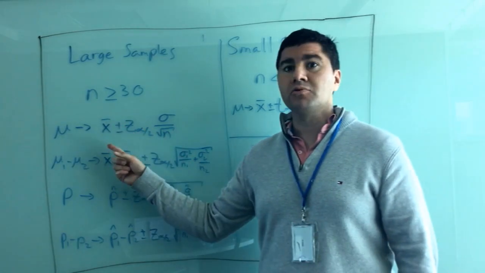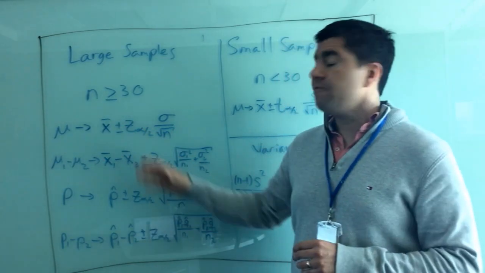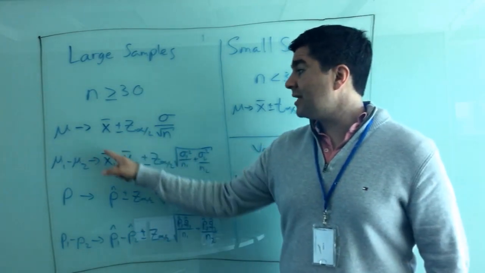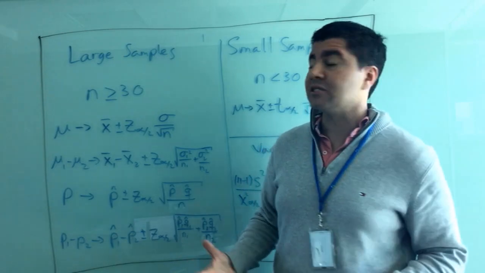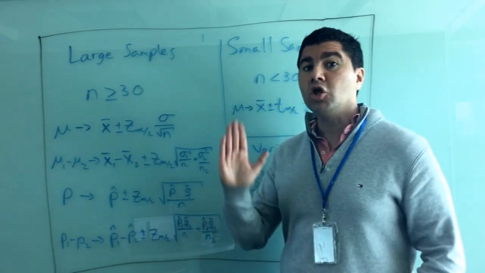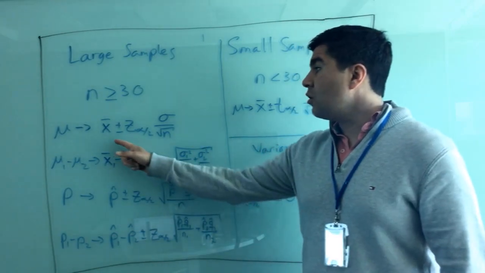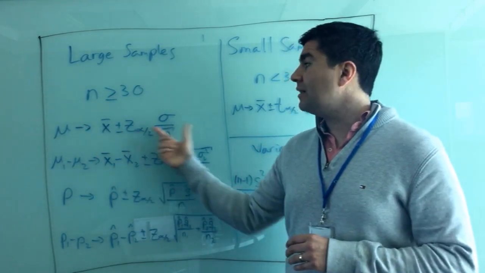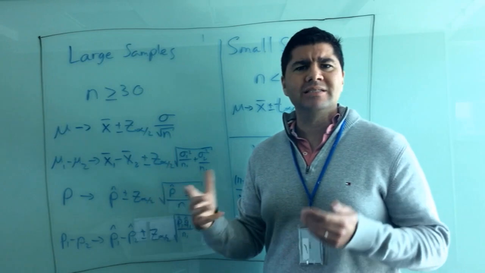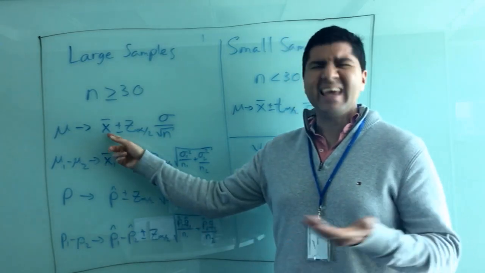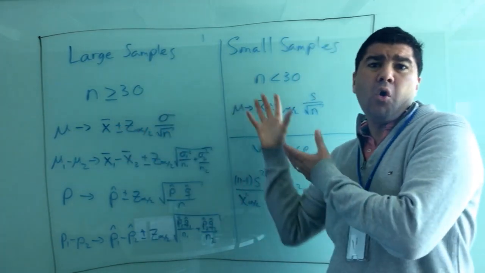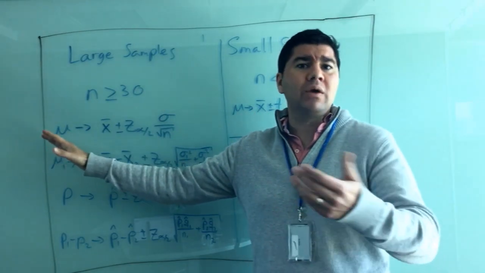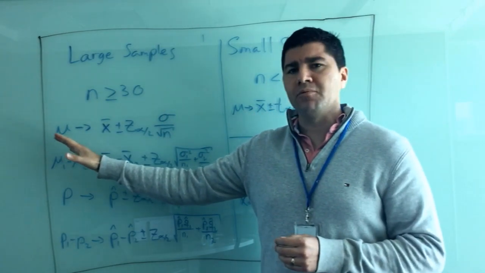That addition or subtraction tells us that the confidence interval is going to be symmetric. That is, the estimator we obtain from the sample is located right in the middle, and then we add and subtract the same quantity, so that our confidence interval tells us that we can be mistaken a little bit above or a little bit below the value that we have observed from the sample.